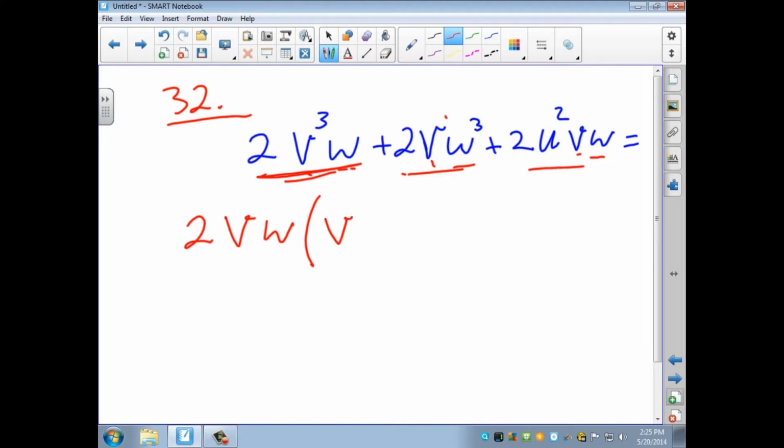You would have a v squared. From the second one, what would you have left? A w squared. From the third one, what do you have left? A plus u squared. Therefore, that is the answer. You cannot do anything further to that.